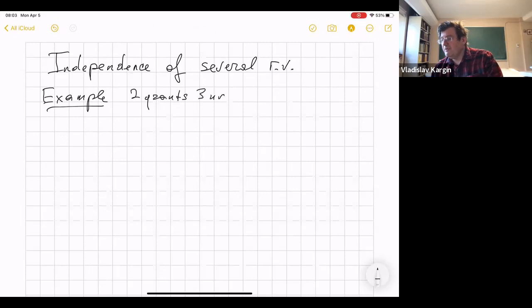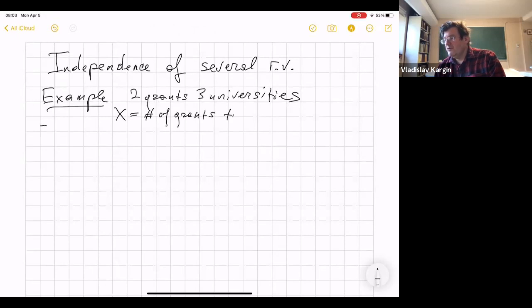Briefly repeating: we have a joint probability, with 2 grants awarded to universities. X is the number of grants to one university, call it N, New York University, and Y is the number of grants to, say, C, California.